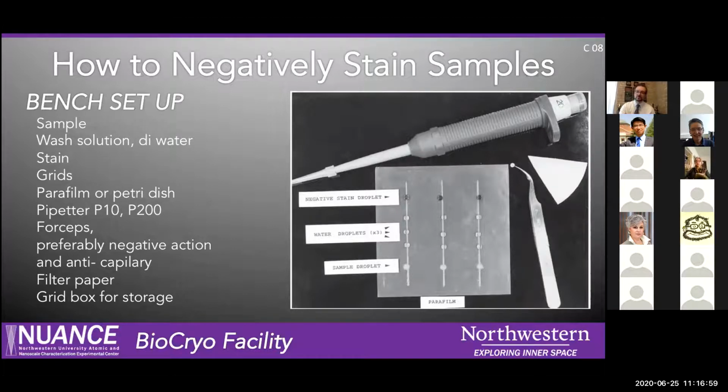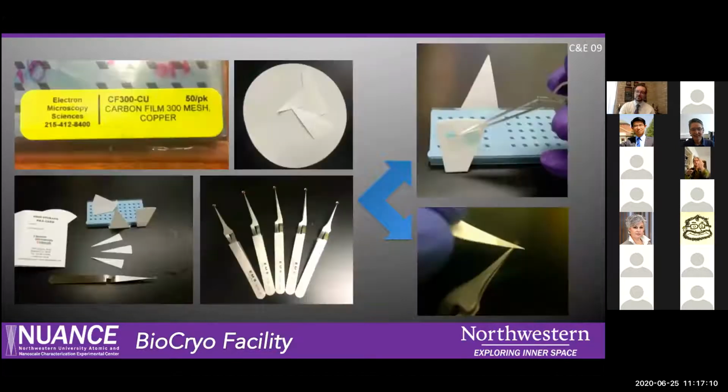So you go from a drop, wick it, move to a drop, wick it, move to a drop, wick it. Another method is to leave your grid in your forceps, apply the drop to the grid, and then wick that away.